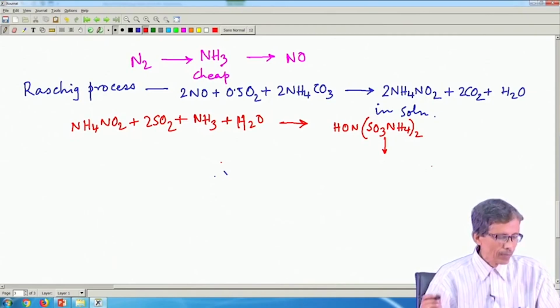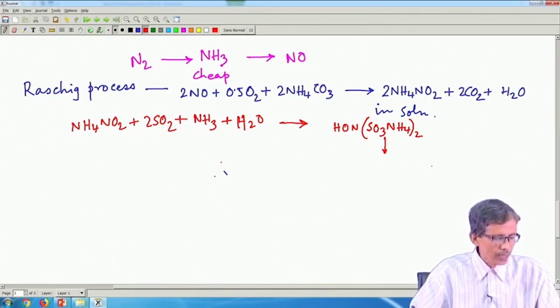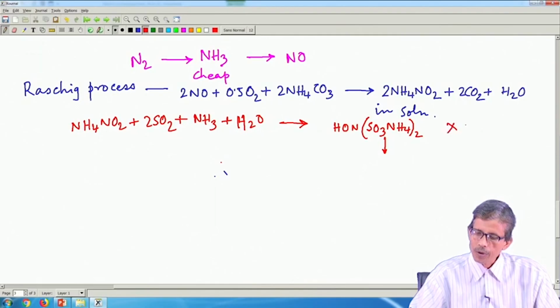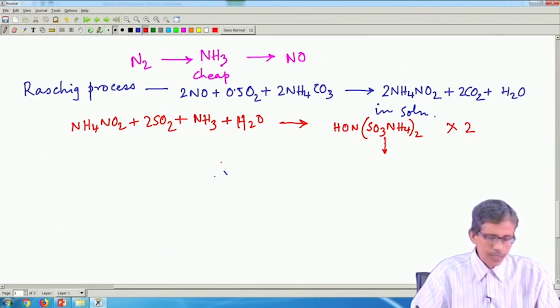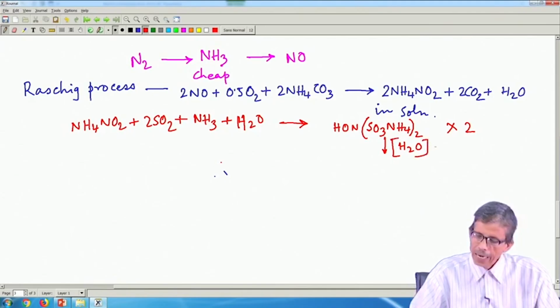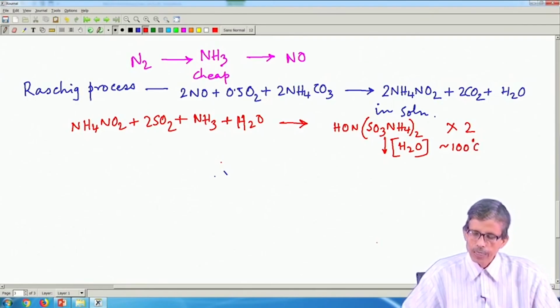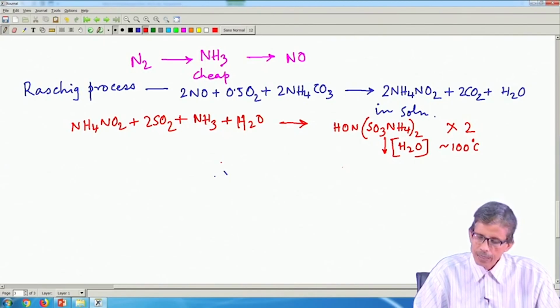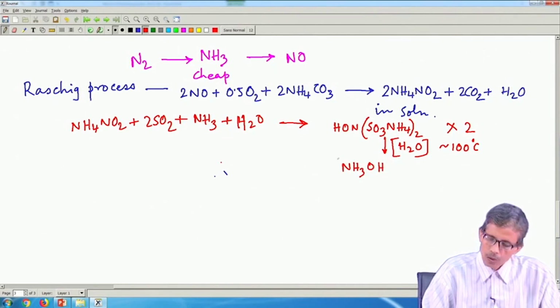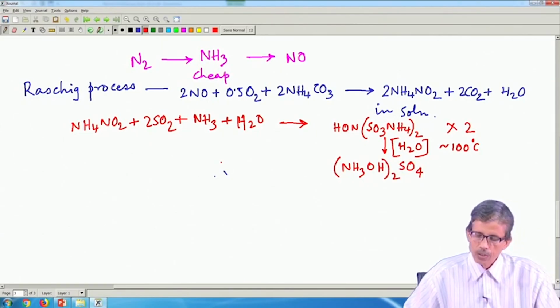This is our intermediate now, and this intermediate can be hydrolyzed in water. It is basically water hydrolysis, as we write water in square brackets, at about 100 degrees centigrade. At about 100 degrees centigrade, this gets hydrolyzed, giving you NH3OH twice, because sulfate has a charge of 2 negative.